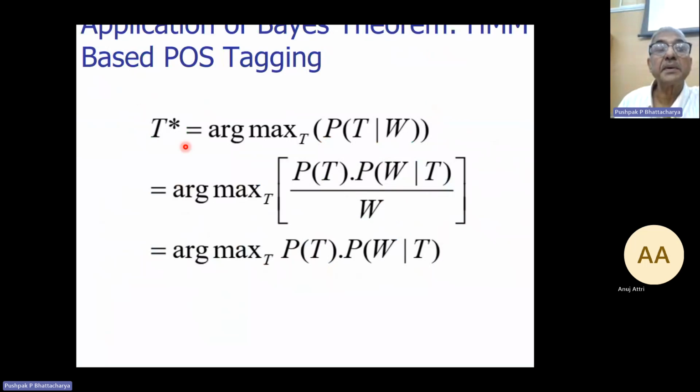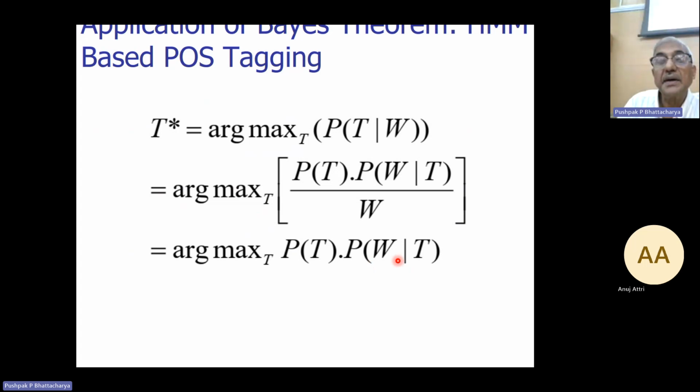The best possible tag sequence T star is obtained by argmaxing on probability of T given W. Probability is introduced because of the ambiguity and noisy channel model. So this is argmax over T of probability of T given W; by Bayes theorem, the probability of W is constant, and then argmax over T of probability of T into probability of W given T.